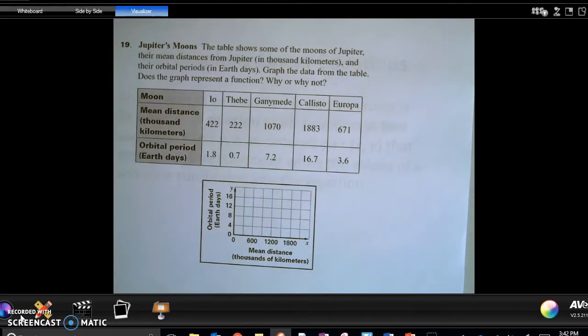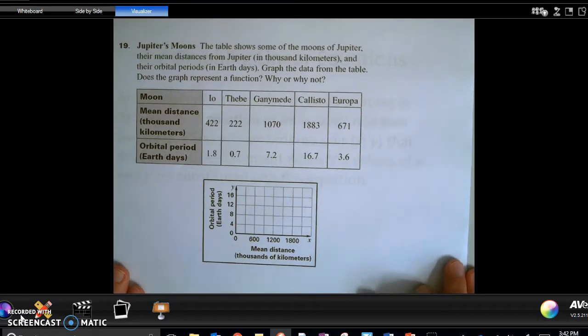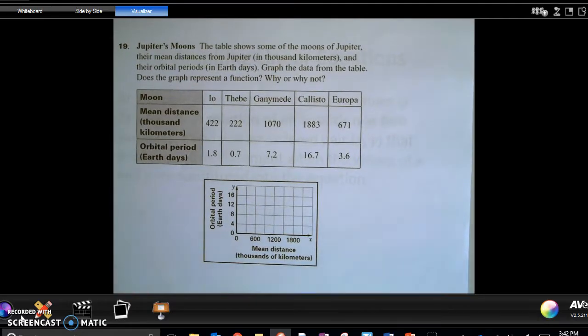Now we'll look at some real-world context and what functions can look like in a real-world problem, how we can solve with a graph and a table. So the table shows some of the moons of Jupiter, their mean distances from Jupiter in 1,000 kilometers, and their orbital periods in Earth days. Graph the data from the table.